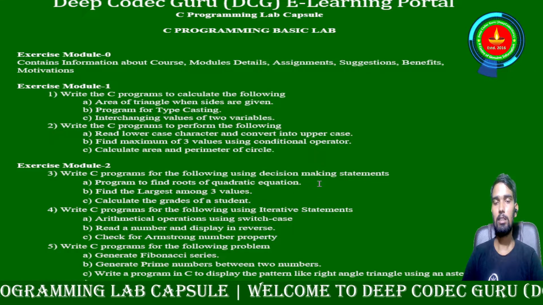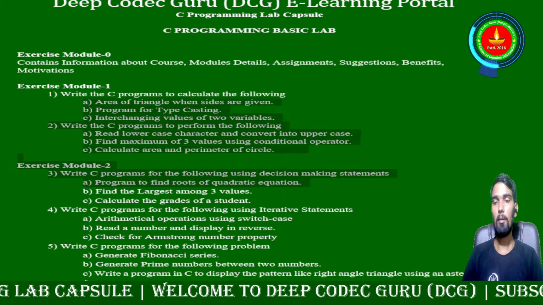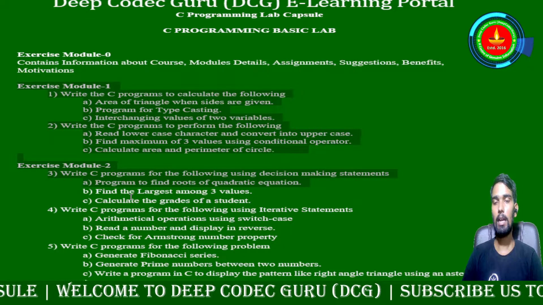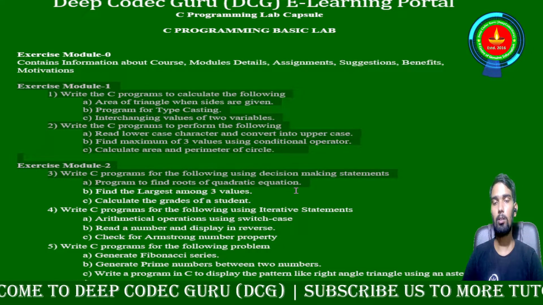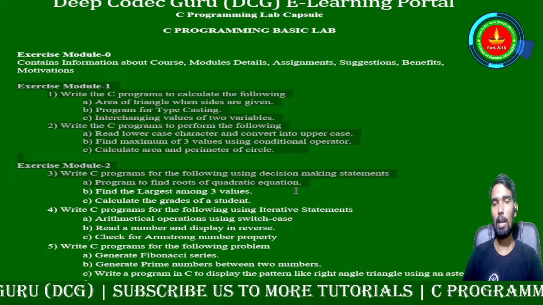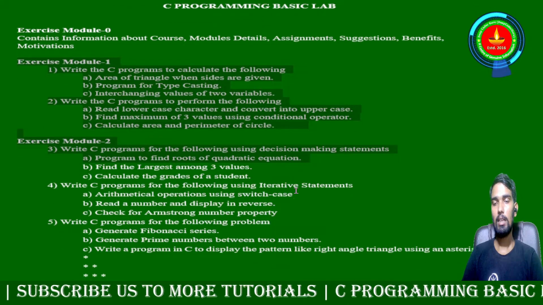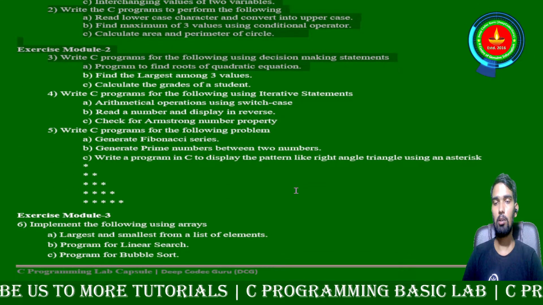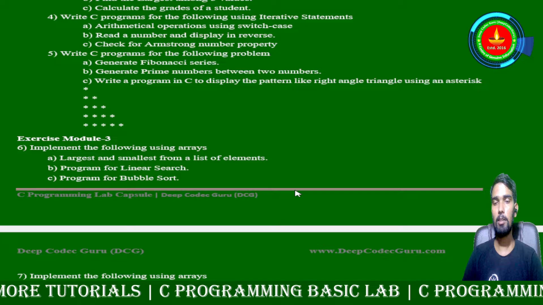That is the difference. We have already completed module 1 and the first question in module 2. That solution is available under the playlist of C Programming Lab Capsule, and the remaining question solutions will be provided in upcoming videos one by one.